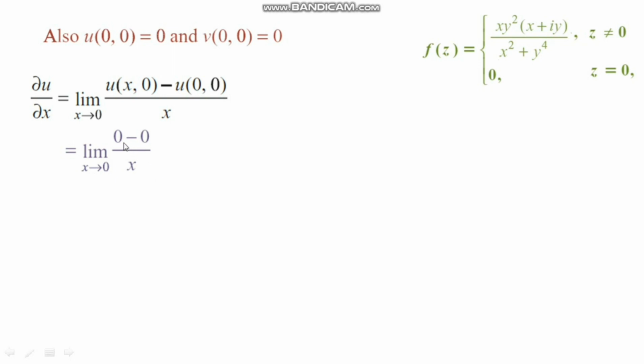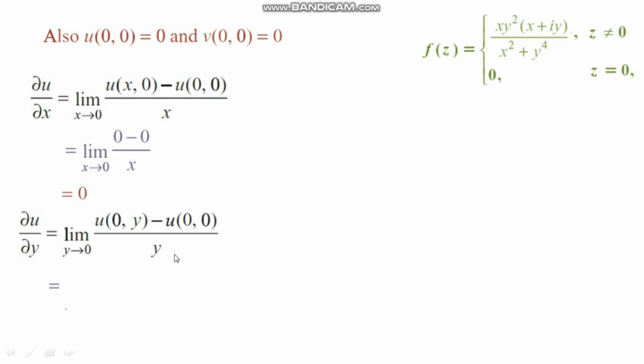So 0 minus 0 by x, that equals 0 only. Dou u by dou y equals limit y tend to 0 of u(0,y) minus u(0,0) by y. u(0,y) is x square y square by x square plus y power 4. It will be 0 minus 0 by y, that equals 0 only.